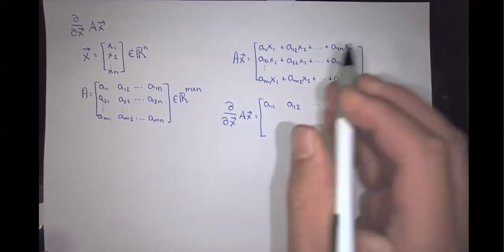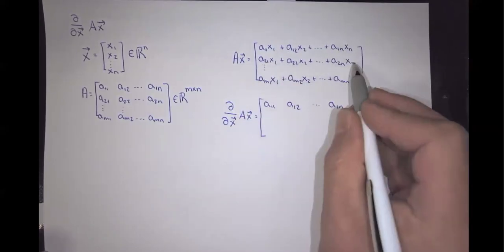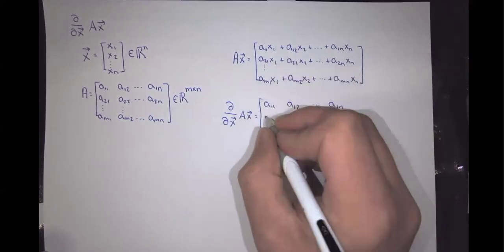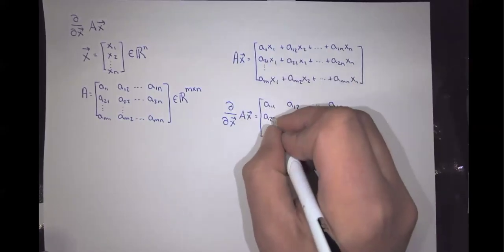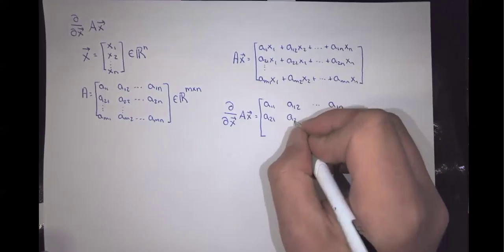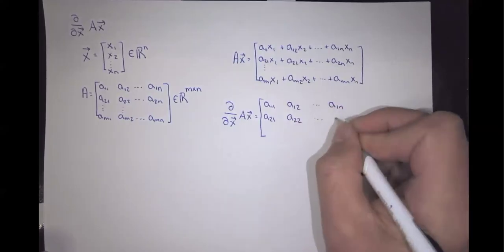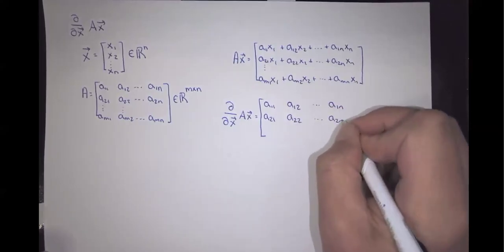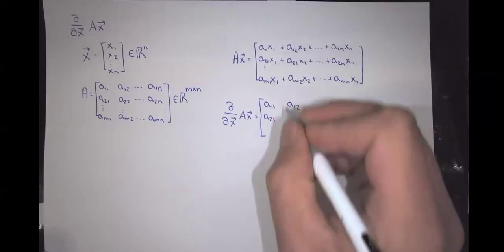Okay. If we move down to function 2, with respect to x1, the derivative is A21, then A22, then A2n, and so on.